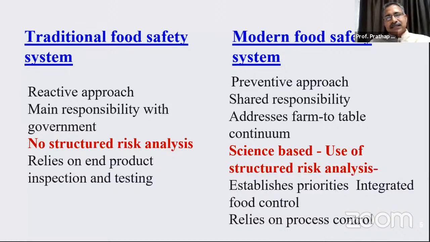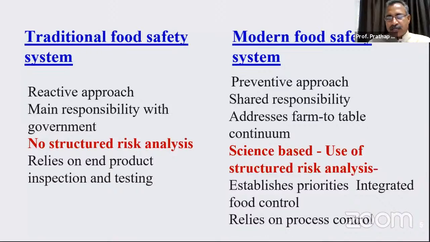Therefore, as most of the developed and developing societies moved on to the modern food safety system, or food safety and quality assurance, rather than the reactive approach, here it is a preventive approach where the responsibility is called a shared responsibility, which addresses the entire chain from farm to fork, or farm to the table.